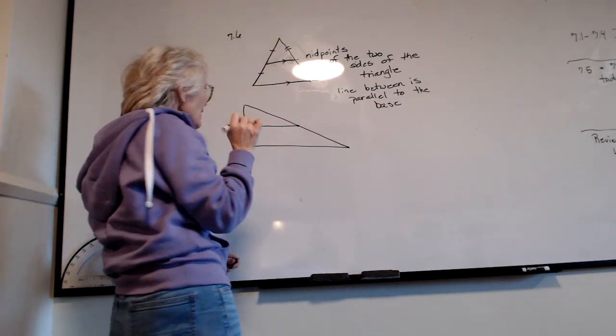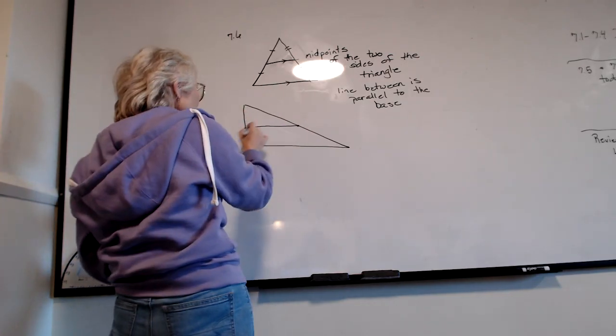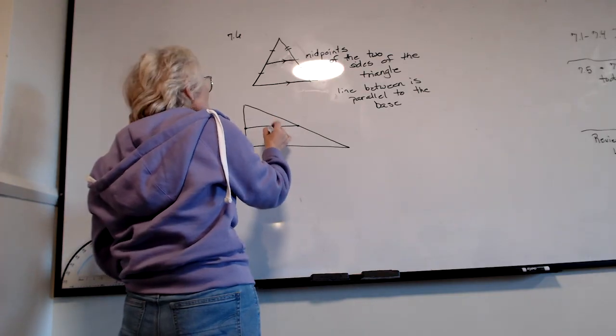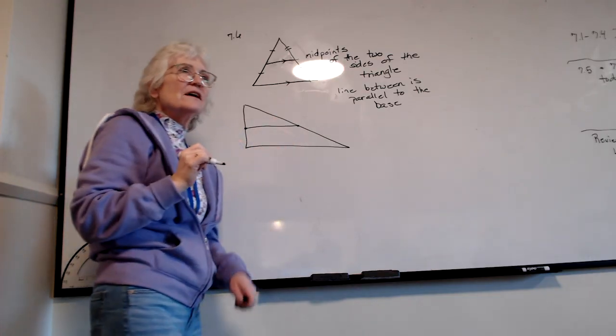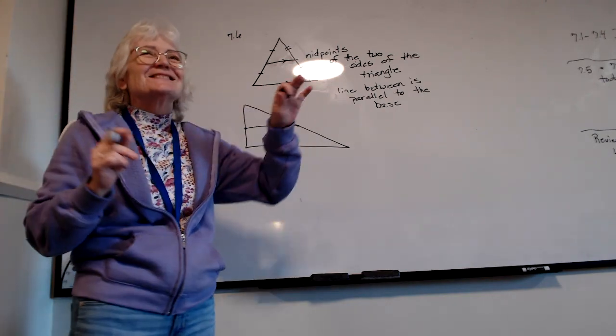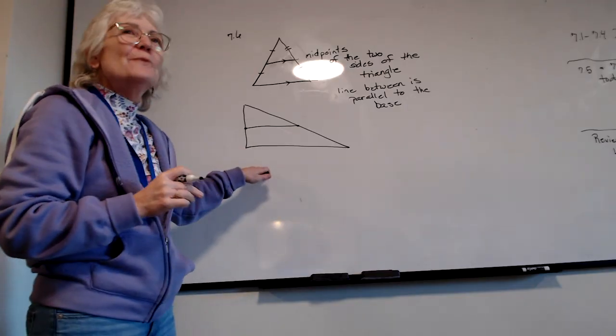Yes, they are. The midpoints of any two sides of a triangle, when connected, is parallel to the third side. That's true of any triangle. I drew it as an isosceles because that's the easiest to see, but yes, it is always true.